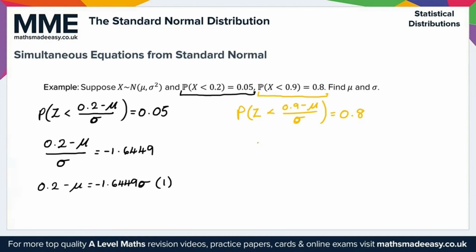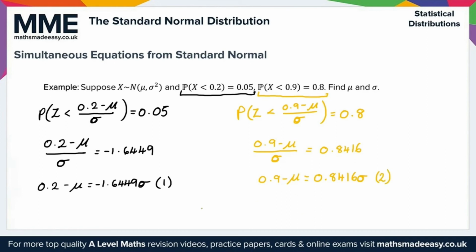So we can say that 0.9 minus mu over sigma is equal to 0.8416. And again we just times the left hand side and the right hand side of this equation by sigma. So we get 0.9 minus mu is equal to 0.8416 sigma. And this gives us equation 2.